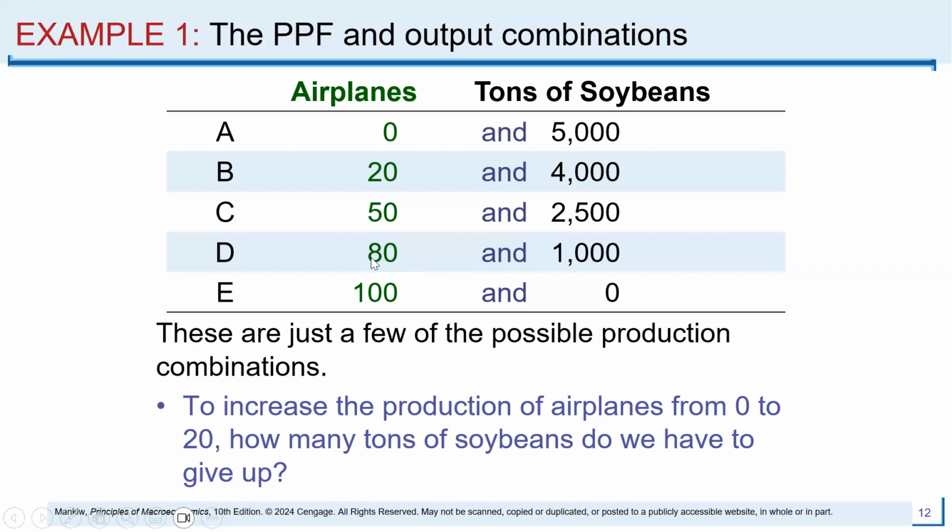You can also look at D and E. From D to E, it is also an increase of 20 airplanes. Then you can also see there's a decrease in the production of soybeans of 1,000 tons. So the answer to this question is 1,000.